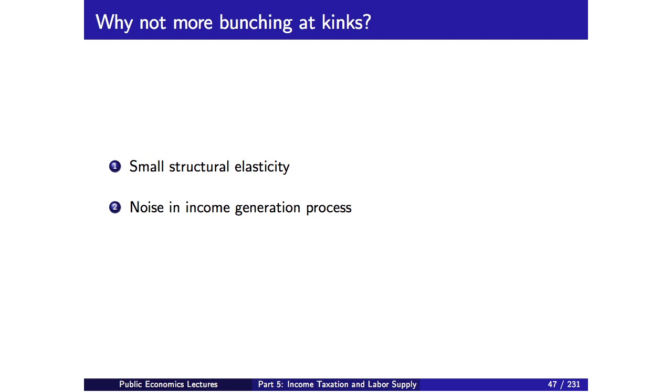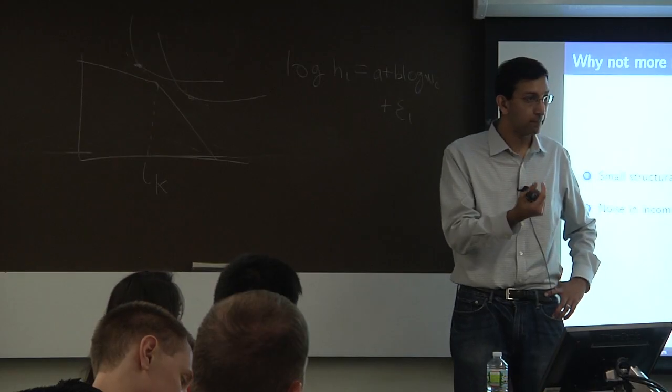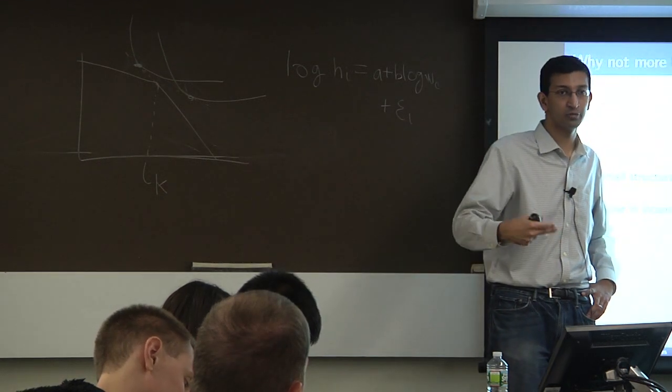Another explanation is that it has to do with noise in the income generation process. Suppose the model is one in which I can't pick exactly how many hours I work and exactly what my earnings are in order to target the kink. It's probably more realistic for more people that there's some chance I get an extra overtime job, I might get laid off, I have various shocks to my household income, so I don't have perfect control over my income. And that is not going to produce sharp bunching, both because of the mechanical effect that I'm adding noise to the distribution ex post.